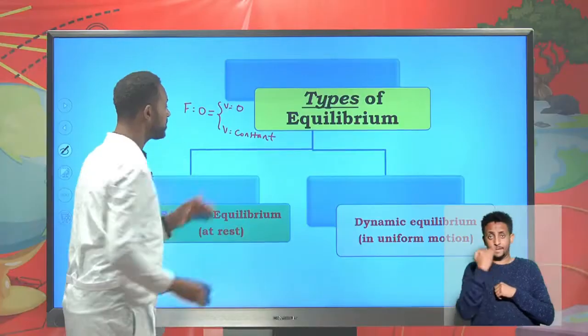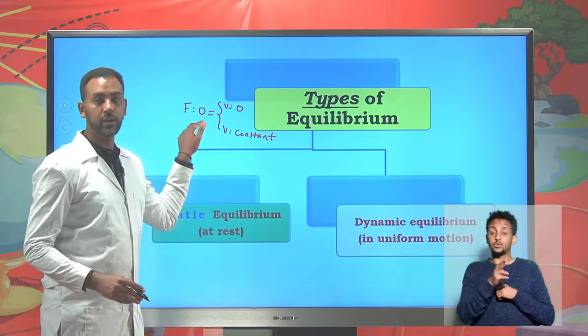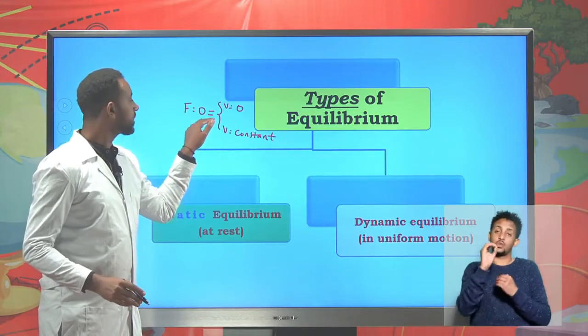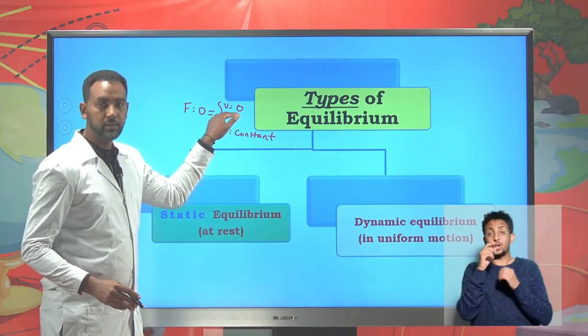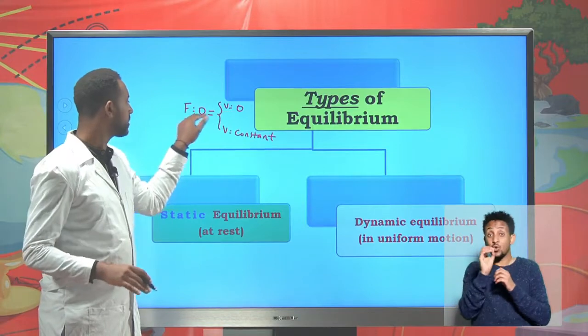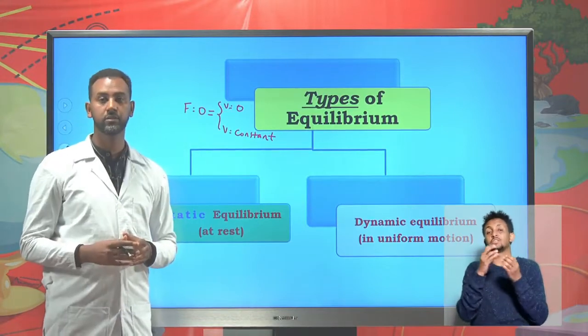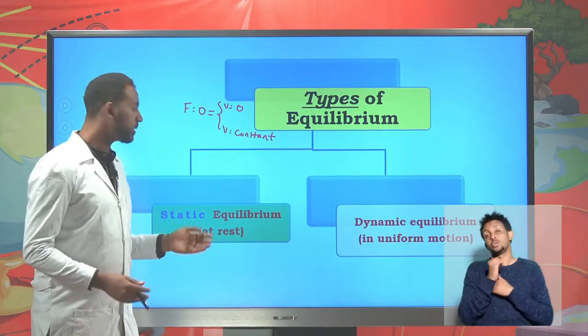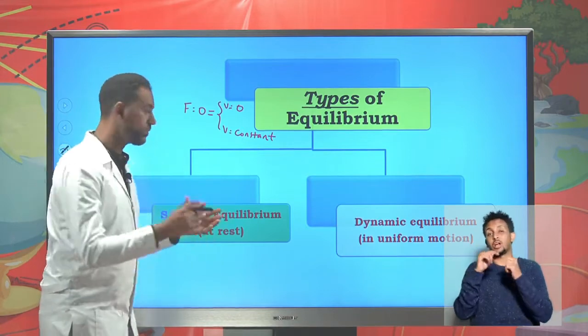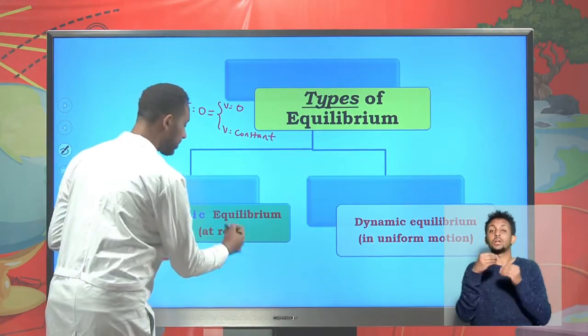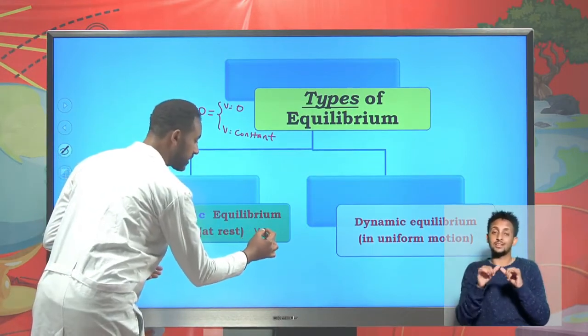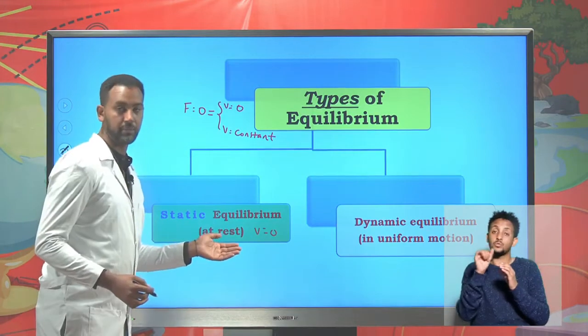If it has a constant velocity, the net force on the object can be 0. Or if the object is at rest, with 0 velocity, the net force on the object is 0. Therefore, static equilibrium emphasizes a given object at rest, meaning the object has 0 velocity.